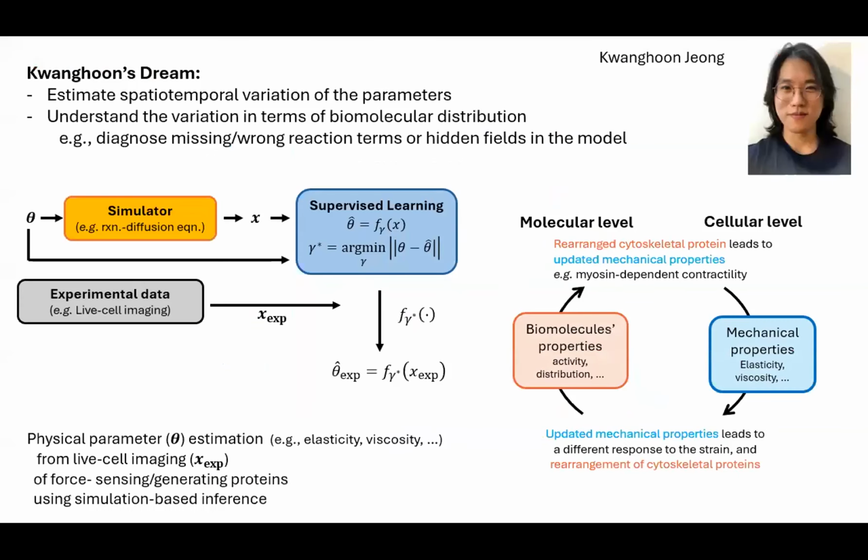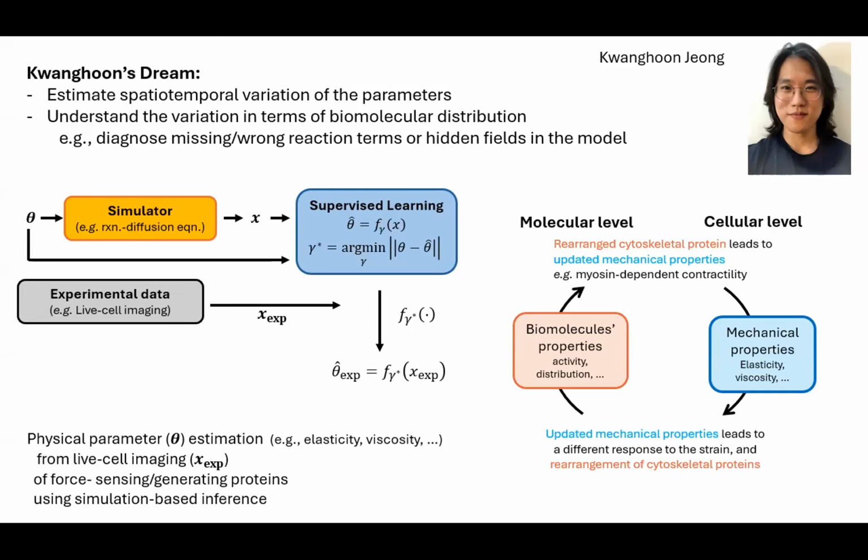So Kwang Hoon, who's also here, is his dream, who's his student with Aaron, is to now take these movies, these time-lapse dependent movies of Zixin changing over time to try to learn what these dynamical laws are of actomyosin and what is predicting their forward time evolution, right?